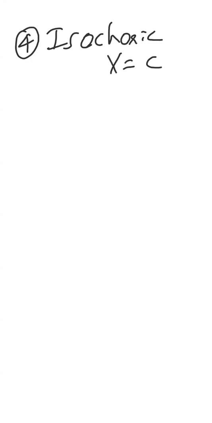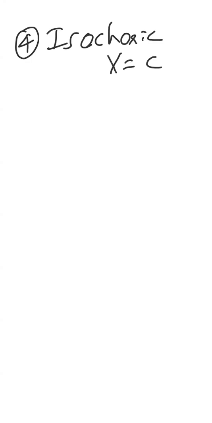Next, after the isobaric process, we come to the fourth process, isochoric. Isochoric means volume is constant.